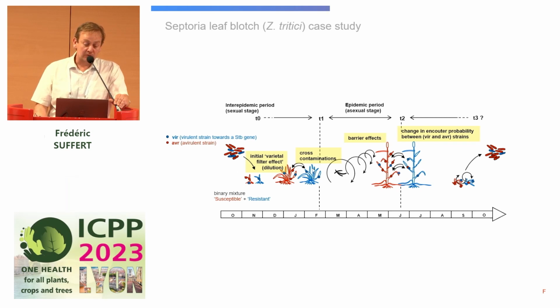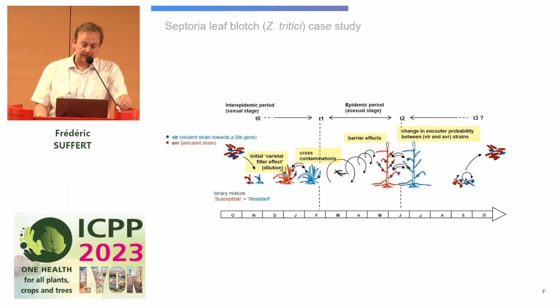And then you have a mixture, and over the course of the epidemics, several mechanisms are well documented in the literature. You have an initial varietal filter effect that induces a dilution effect. Only the virulent strains are able to infect the cultivars that carry the corresponding resistance gene. Then you have cross-contamination by pycnidiospores and a barrier effect that is active due to this mechanism of disease dissemination.